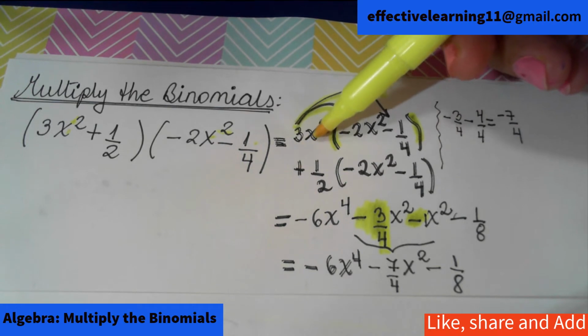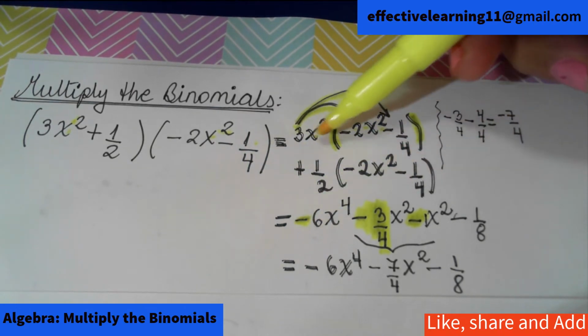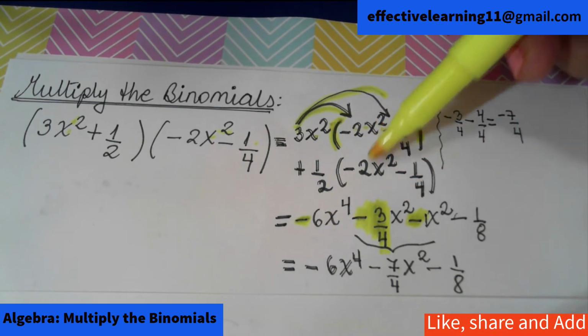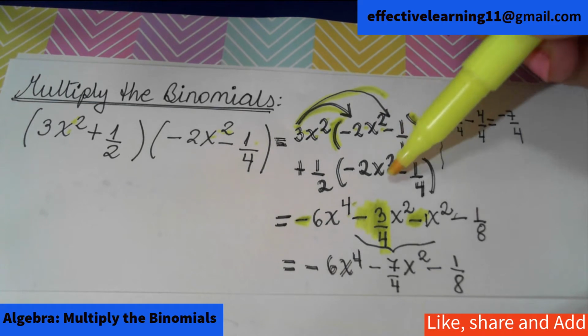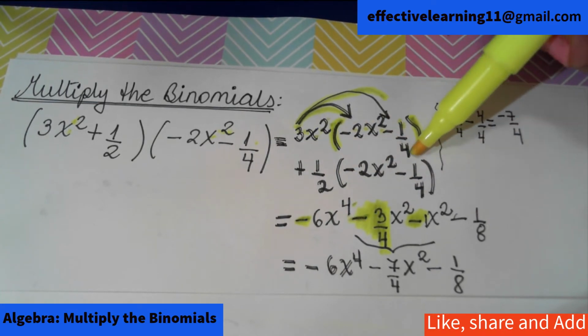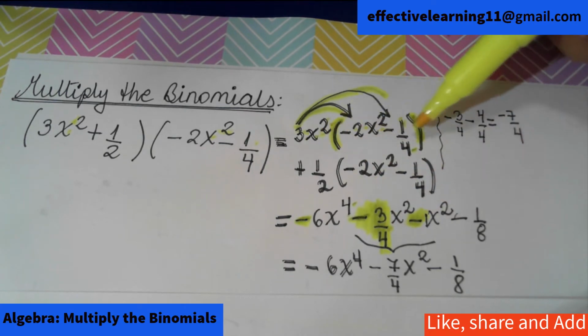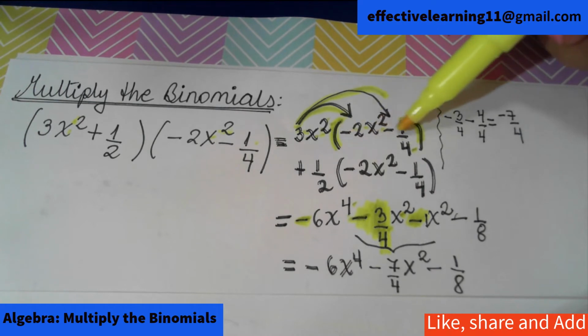Now we multiply 3x squared, negative 2x squared is negative. 3 times 2 is 6, x squared, x to the fourth. Now 3x squared, negative 1 over 4 is negative. 3 times 1 over 4 is 3/4. X squared, you don't have any letter, you just copy x squared. So you finish with these two first elements.